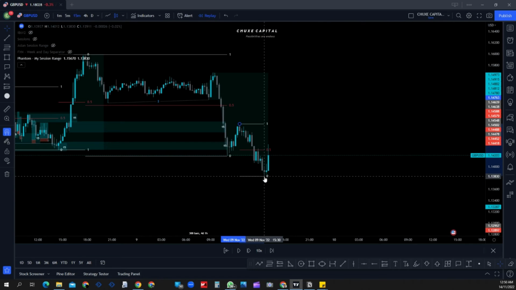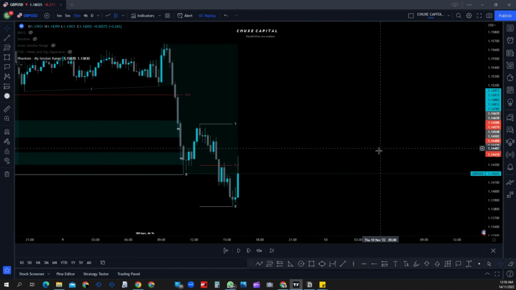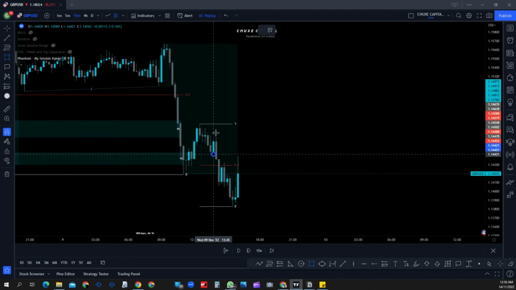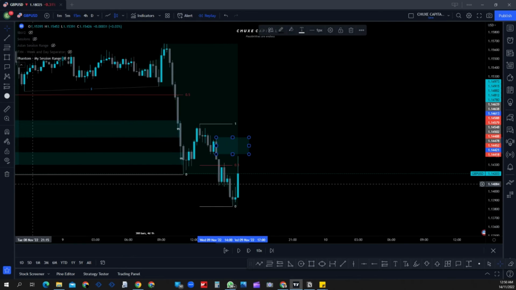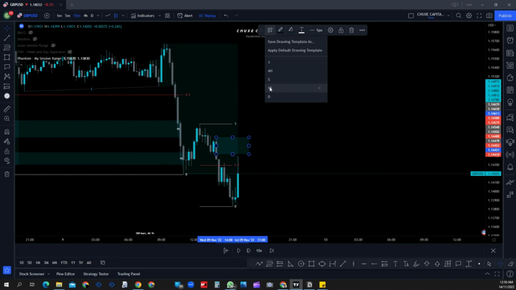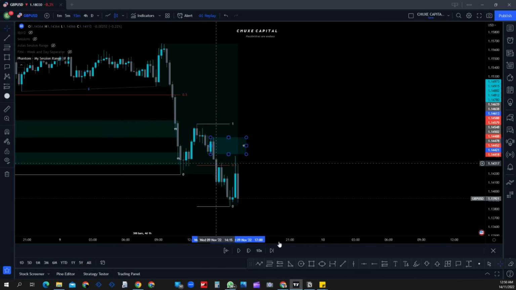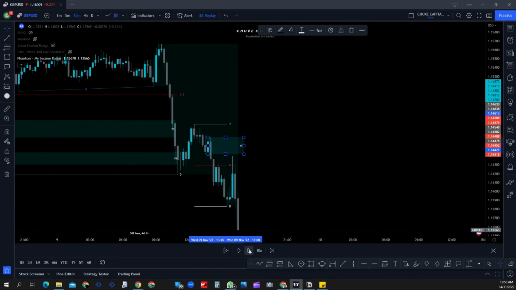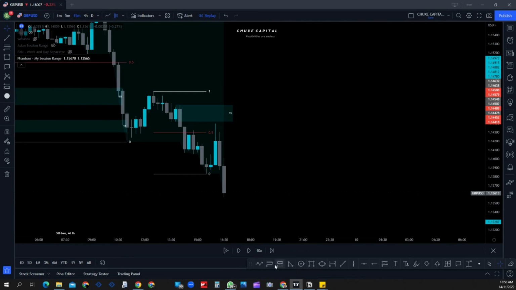Okay, now we have the pullback. And it pulls right into here. Or not yet, but we'll just draw that. Comes close but doesn't tap into it, and then we have another 15 minutes break.